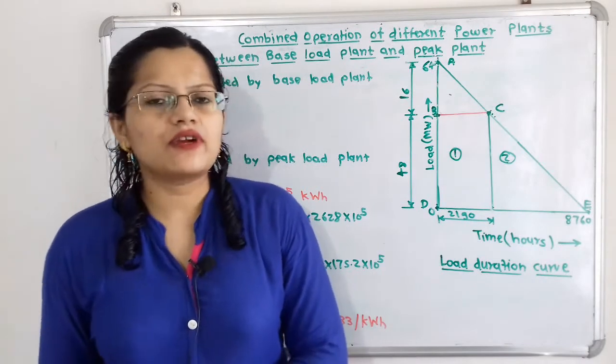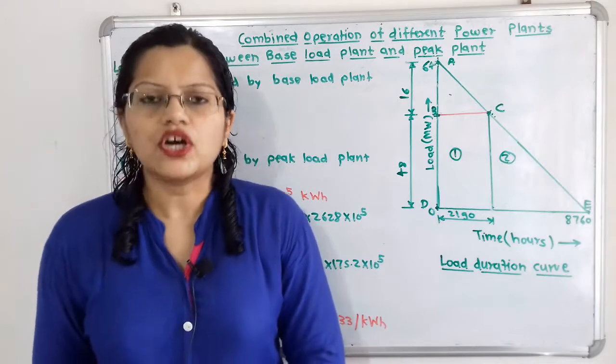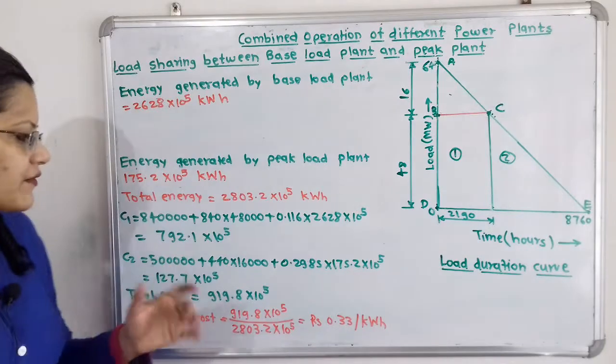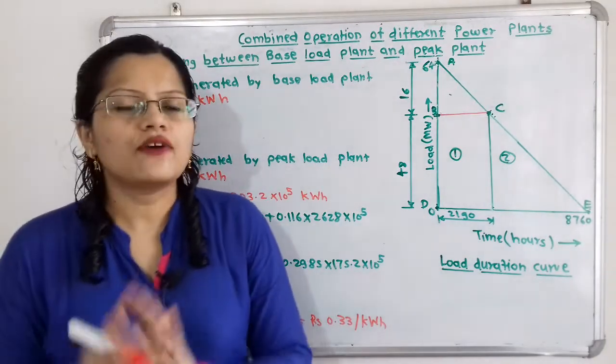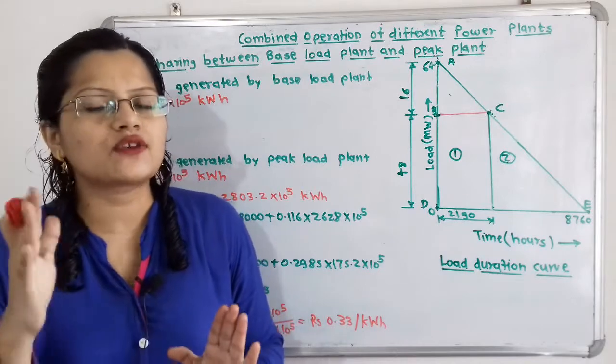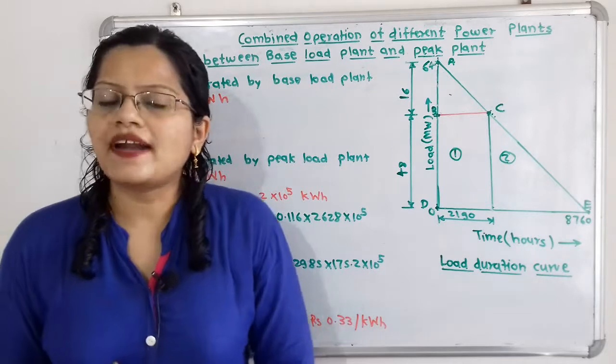Now we will calculate the cost for the base load plant as well as peak load plant. So for the base load plant suffix 1 is used. So C1 is equal to, as per the data we have to add the cost for the installed capacity as well as cost for the energy units generated. So first part is the fixed part.